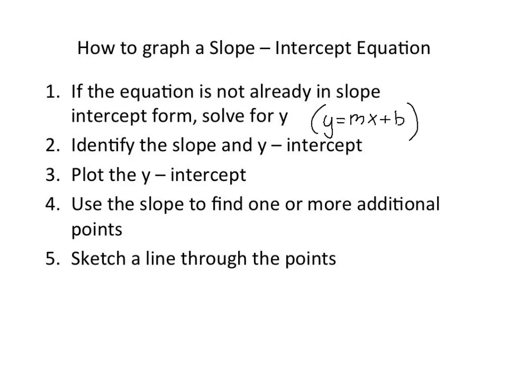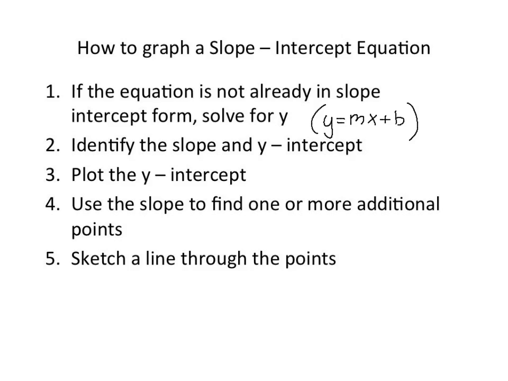If the equation is not already in this form, we can simply solve for y and put it into this form. After we've done this, we can identify the slope and the y-intercept, then plot the y-intercept, and then use the slope to find some other points based on that y-intercept that we plotted, and then we can simply sketch a line through these points.